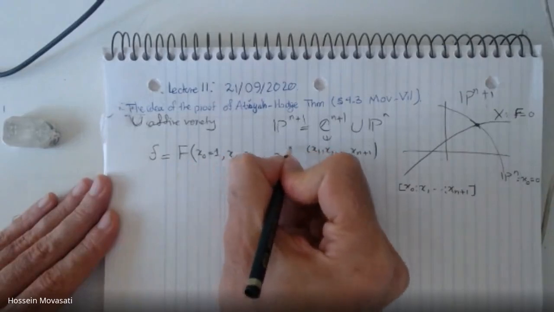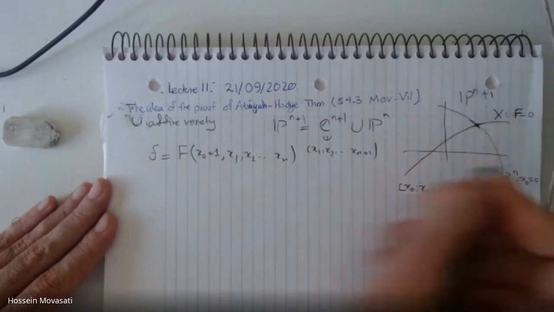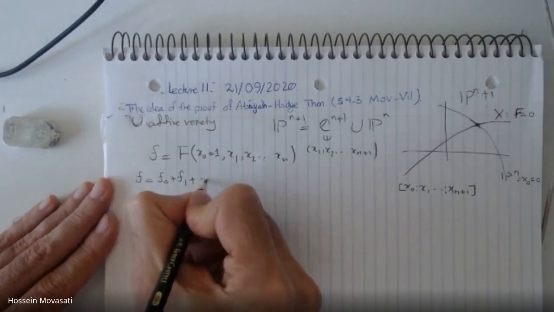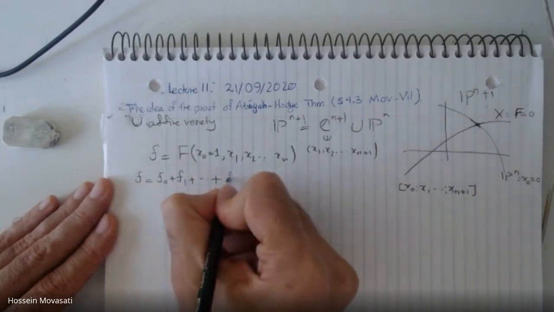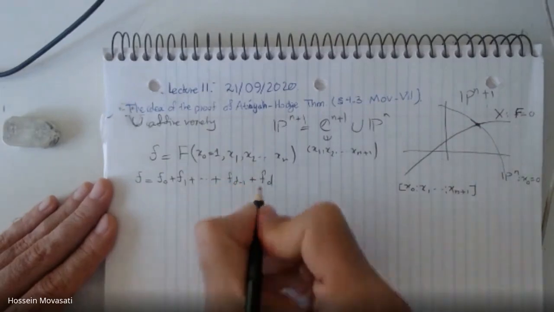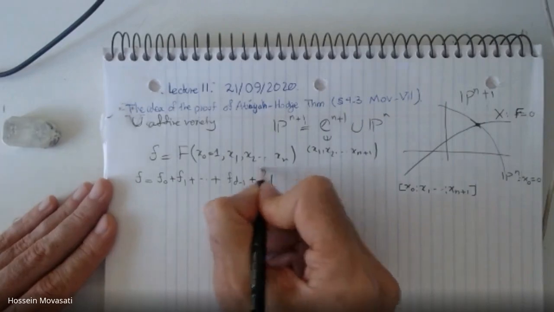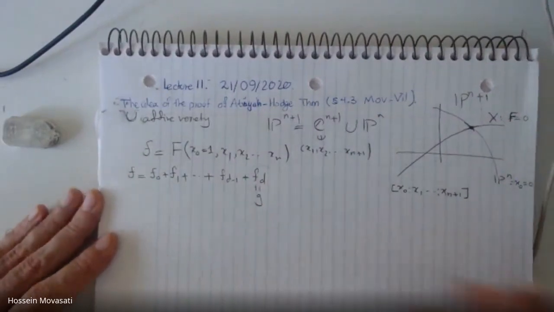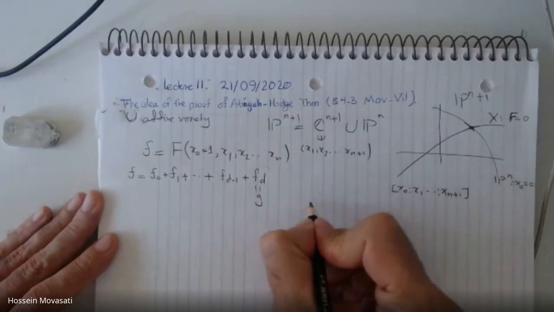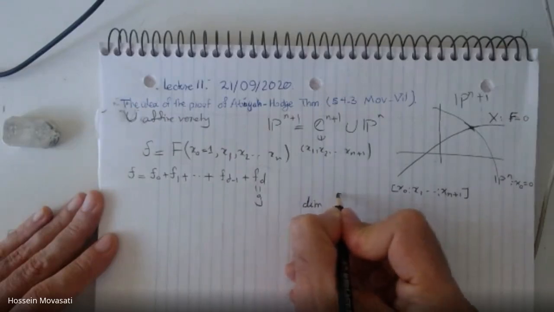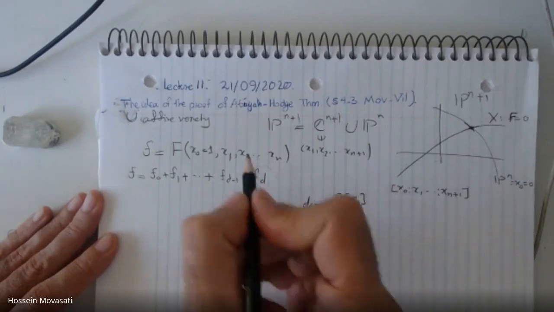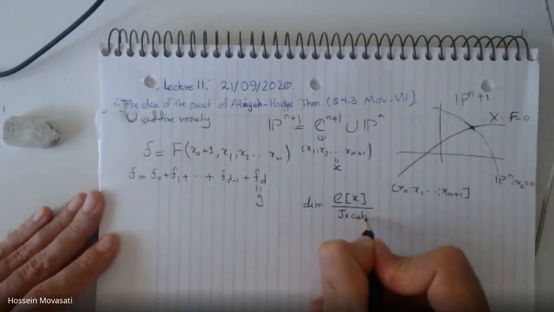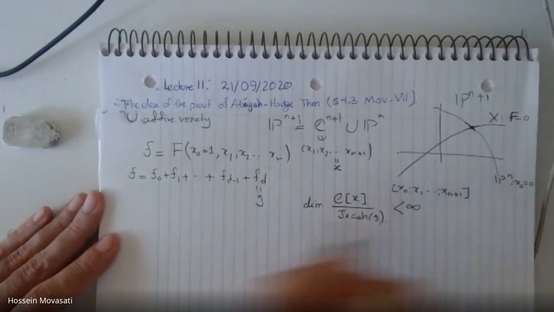The transversality that we were talking about is translated into this statement: if we write the homogeneous pieces of this small f, f_{d-1} plus f_d, where f_d is the last homogeneous piece of f, then the transversality is translated into the fact that the dimension of C[x] divided by the Jacobian ideal of f_d is a finite dimensional vector space.